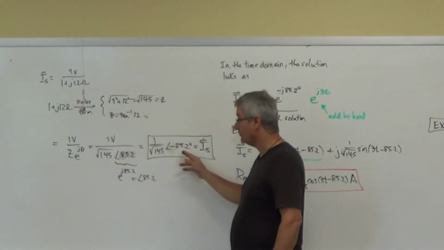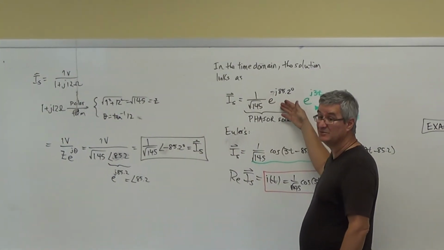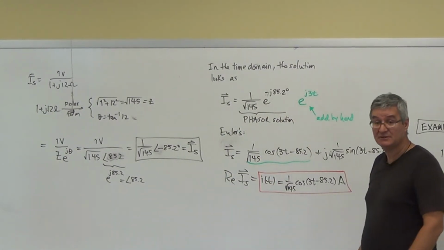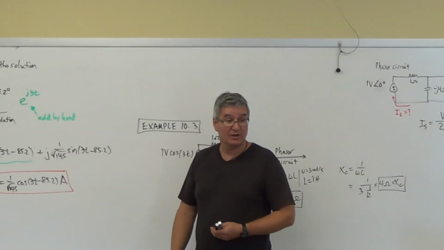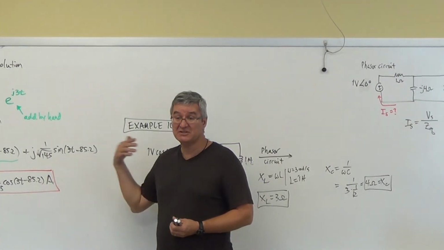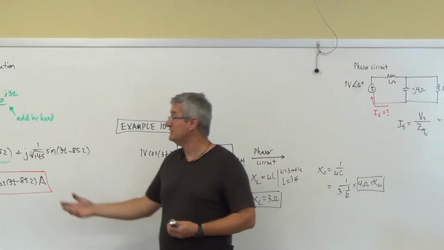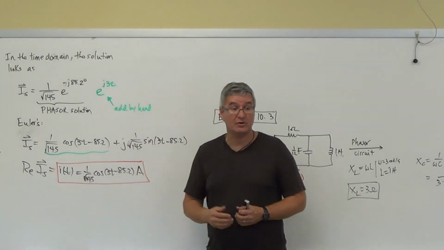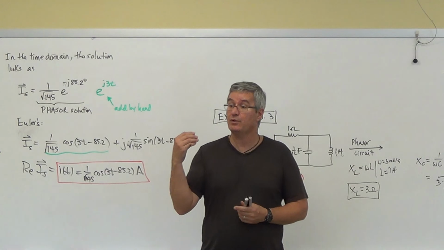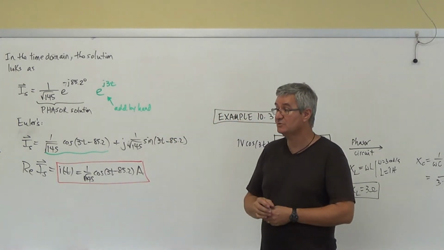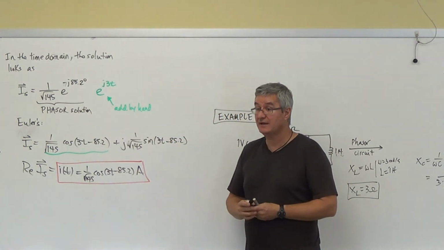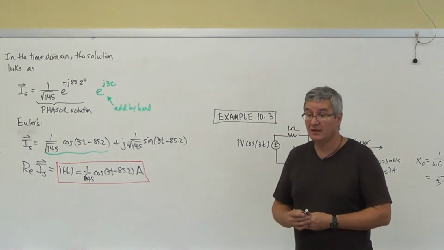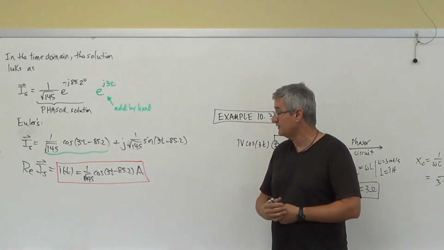And when I get into polar form, I have my solution. So if you were really practiced, you've got to ask yourself, could you have done this really quickly? Would this have taken you longer to do with the differential equation, or would it have taken longer with the phasor solution? I would say that it would take a hell of a lot longer to do it with the differential equation. This is a real shortcut here.